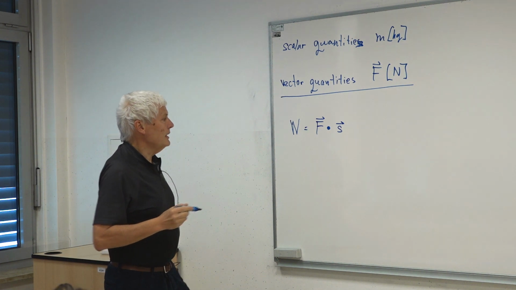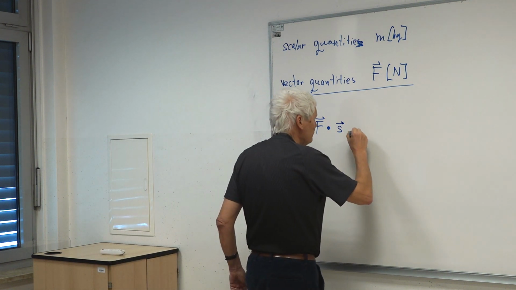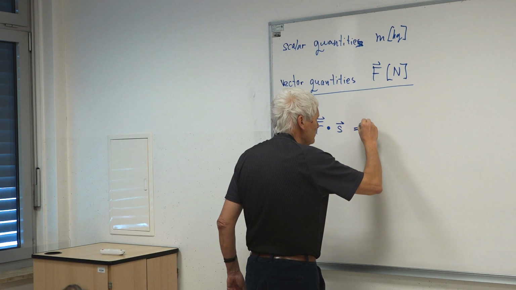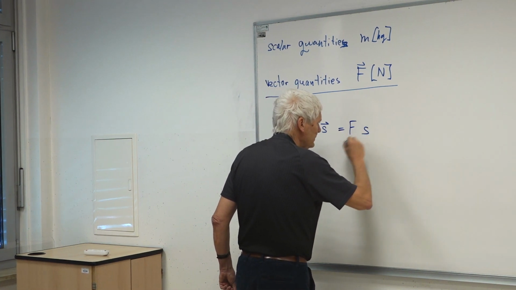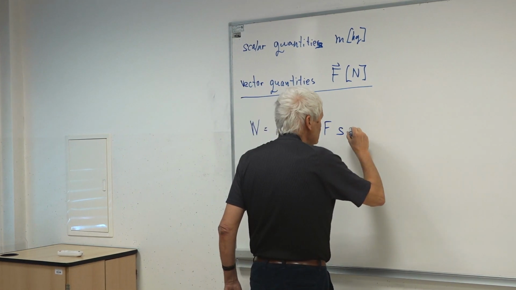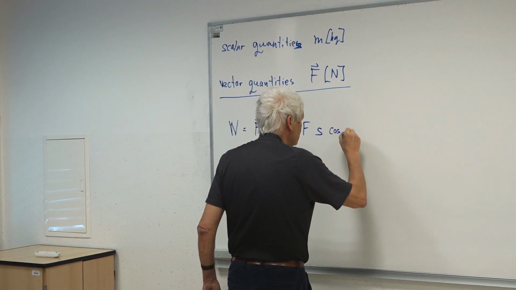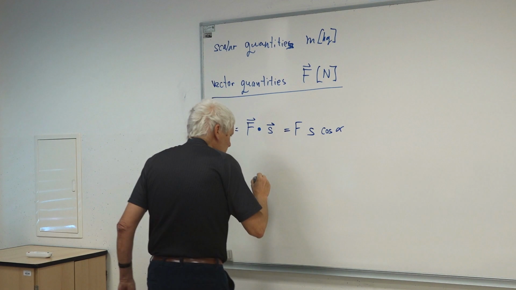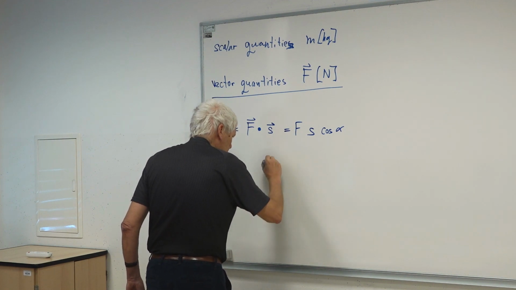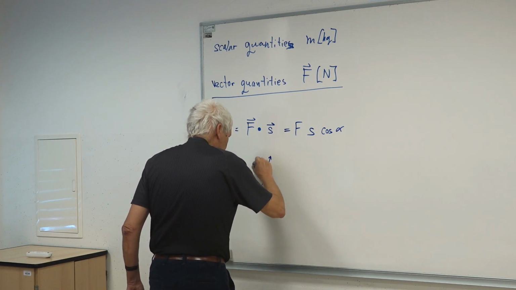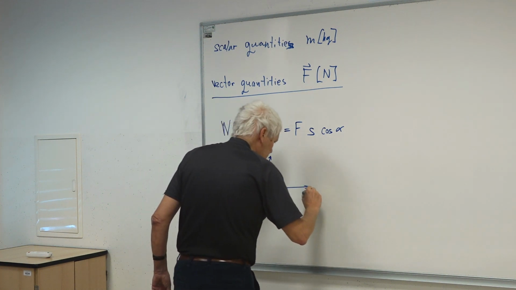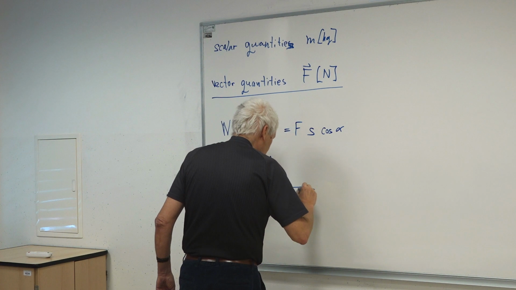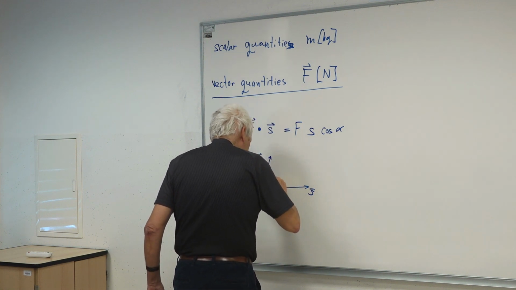Well, on many occasions this is written without vector signs, so it's just force times distance we traveled times the cosine of the angle in between the two. So if I draw here, if this is the vector of force, if this is the vector of the travel we did, and there's this angle in between.